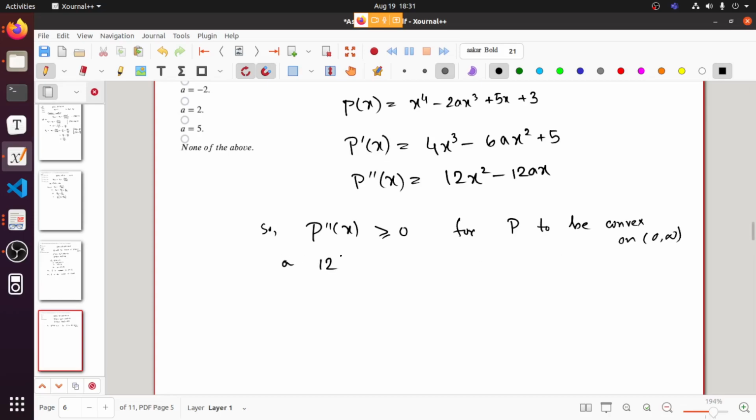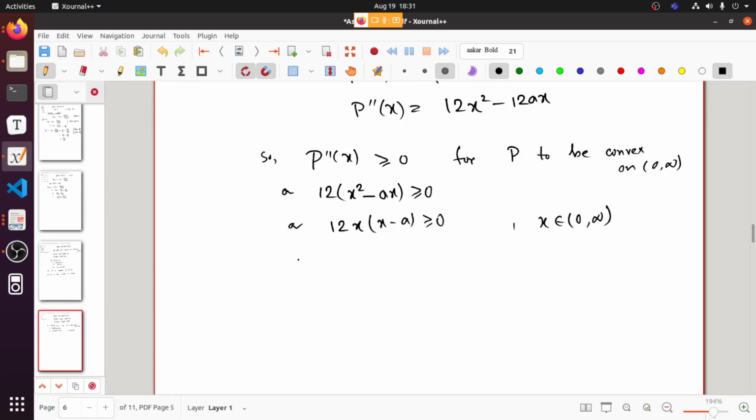What is the meaning of this? x square minus ax should be greater than 0, or 12x, taking common, x minus a, should be greater than 0. And x lies between 0 and infinity, right? x is always positive. So 12 is a positive number, x is also positive. So x minus a should be positive, right?